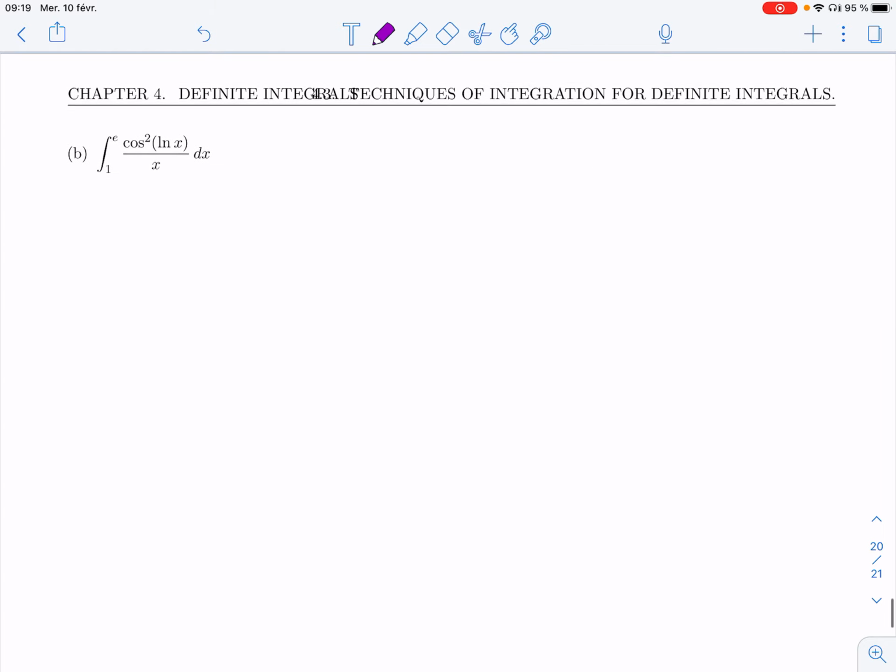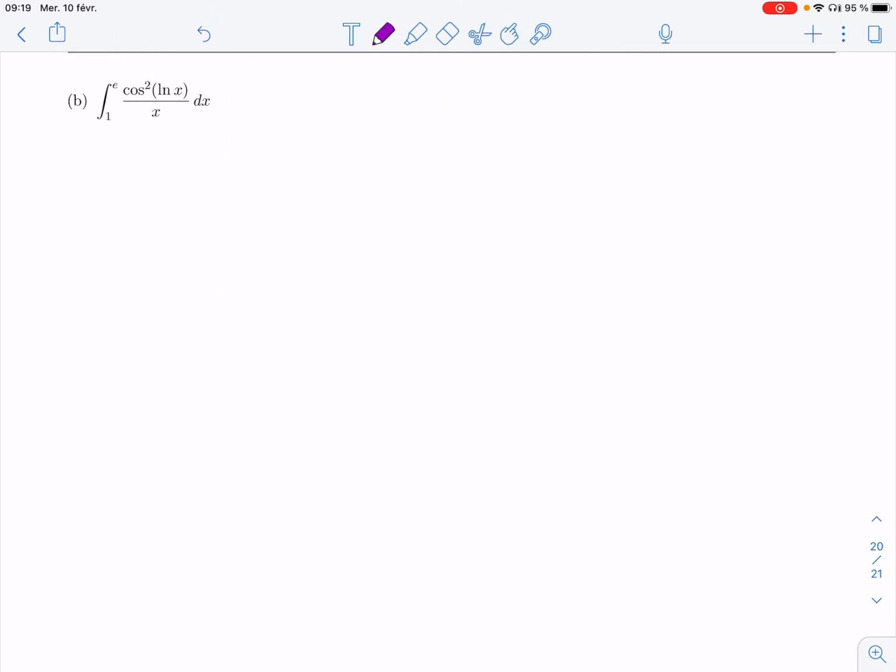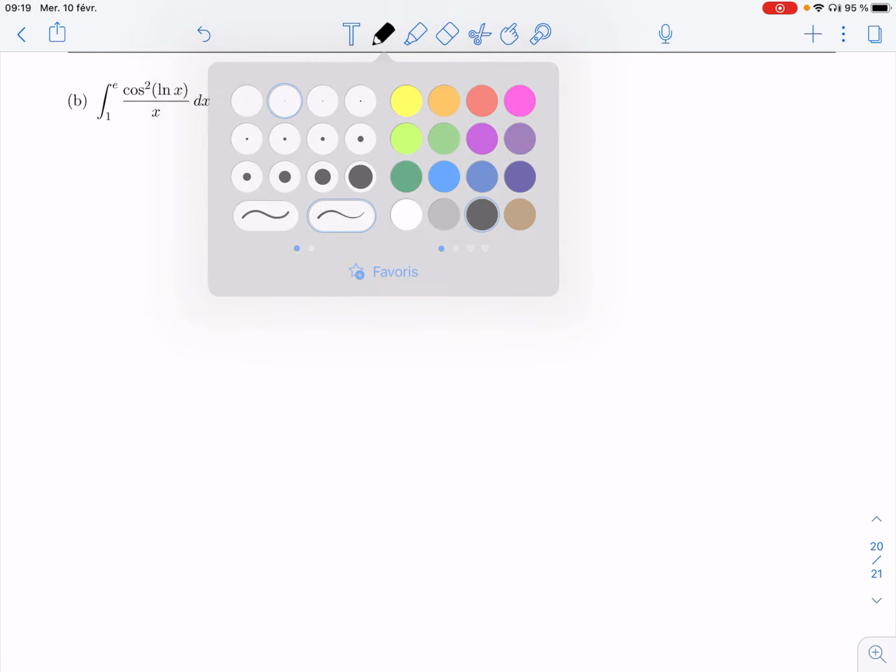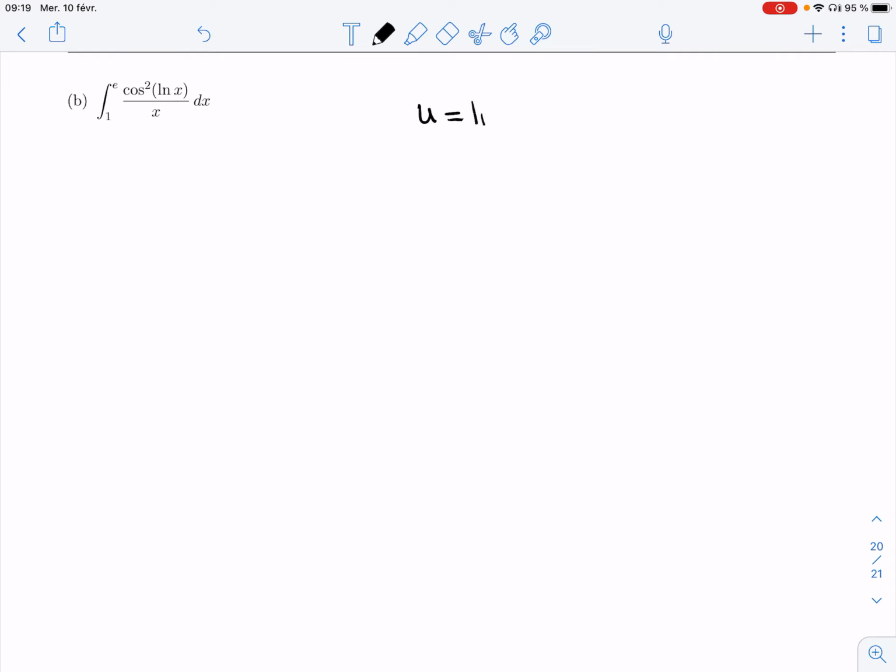All right, let's try this one here. I have log of x inside, so u is log of x. Du will be 1 over x dx.